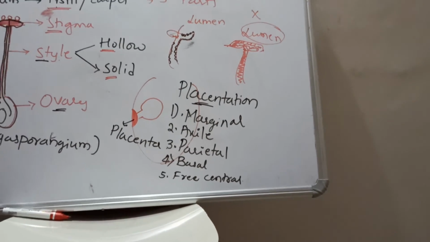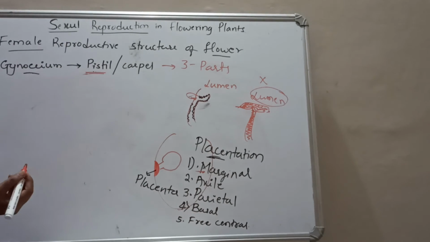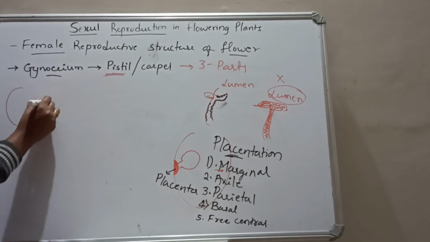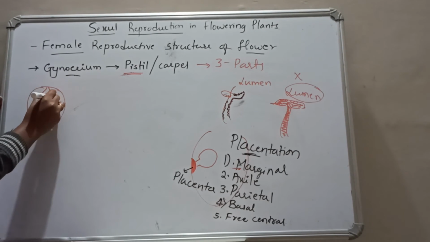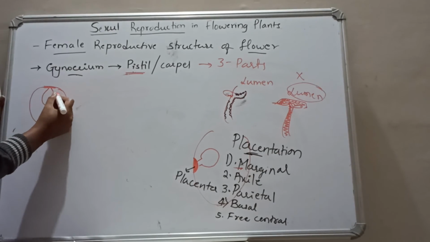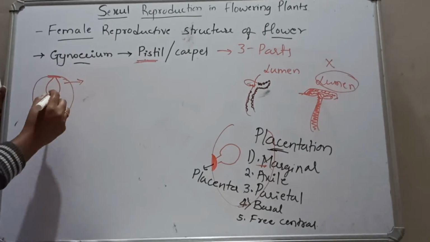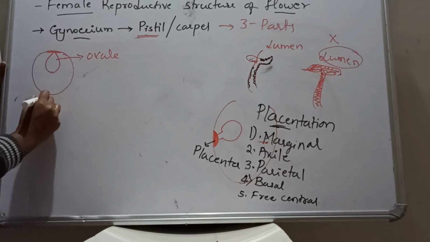Here, the first one is marginal placentation. It is the ovary, and the ovules are attached to the margin of the ovary. That is called marginal placentation. For example, pea and beans.